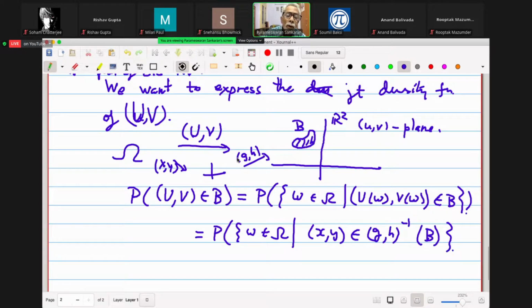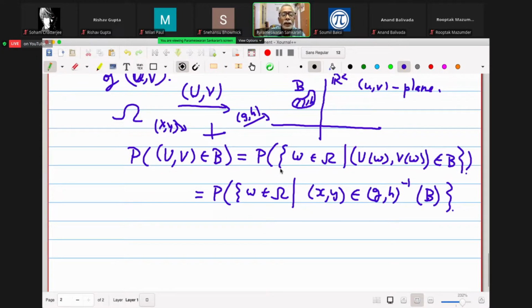So now that means you have to look at the inverse image, and the inverse image may be some three blobs, not necessarily two.